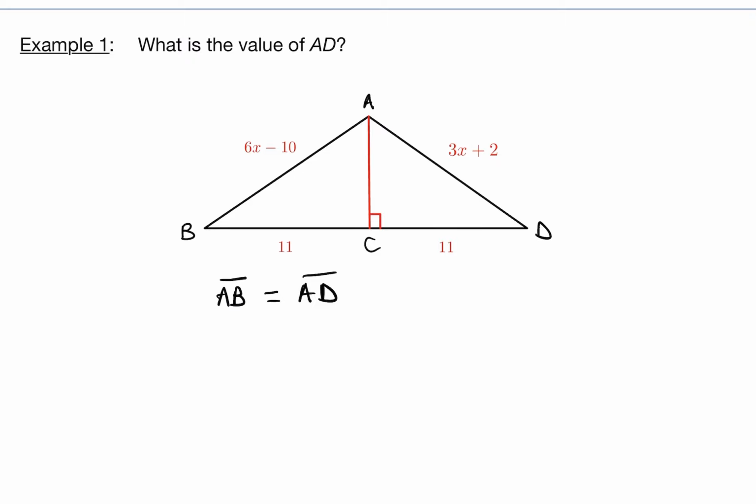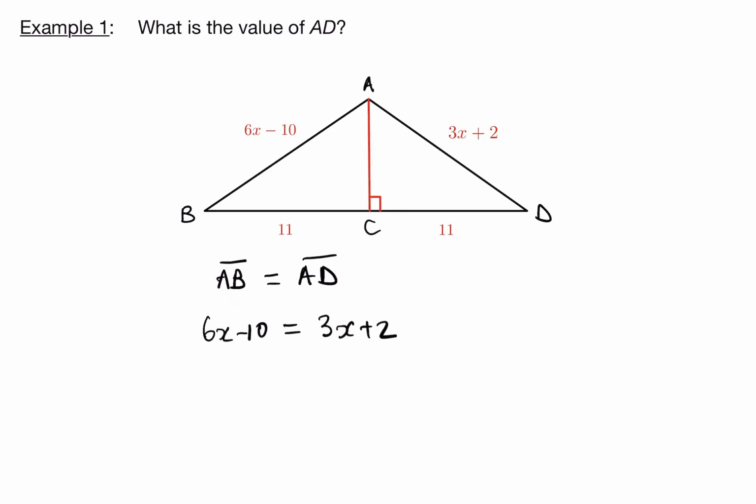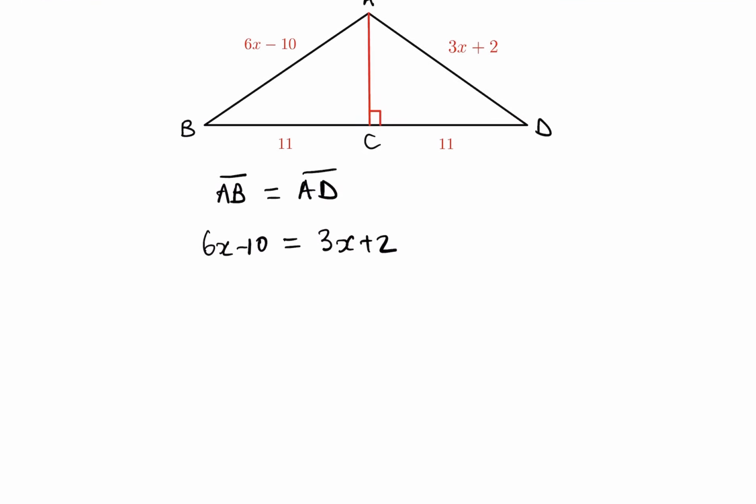Now that we know the relationship is established, we can replace AB with the expression given. So this is 6x minus 10, and that's going to be equal to 3x plus 2, which is my AD. Now we have an algebraic equation, and we can solve for x.